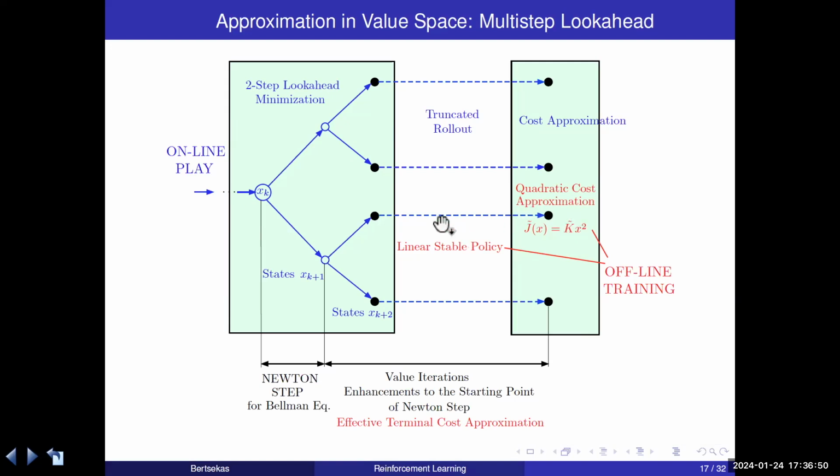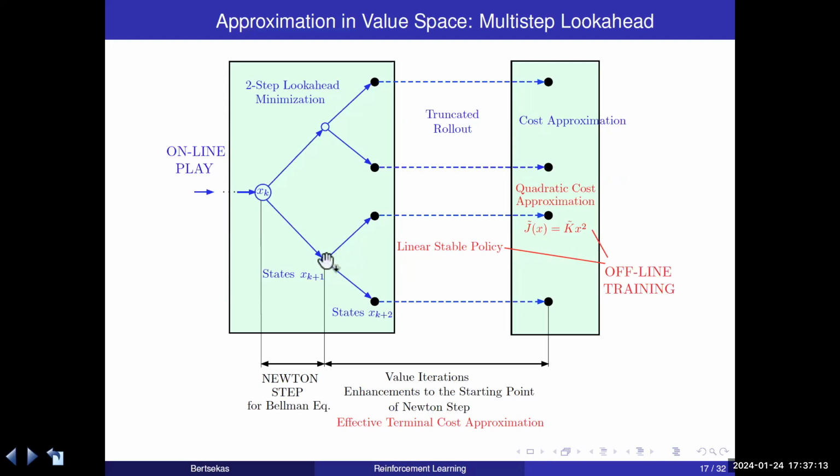So this is the same figure, except it has an extra layer of look ahead and also this truncated rollout. The one-step look ahead is applied to everything that follows after this point. So this is a Newton step applied to the function that you obtain after you lump all these steps together.